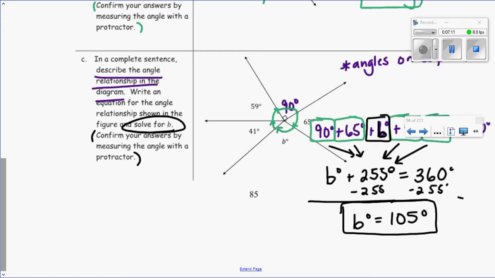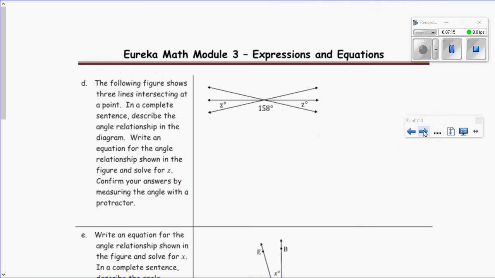Okay, go to page 86 and we're going to do D now. Intersecting lines. 3 lines are intersecting at a point. A lot of times, when you look at this, you might say, okay, if I go all the way around, that will give me 360 degrees. However, we're missing quite a bit. So what we're going to do is highlight the things that we do know.